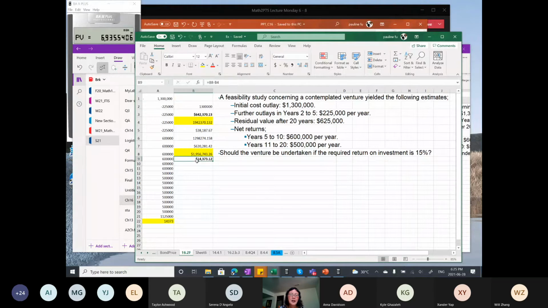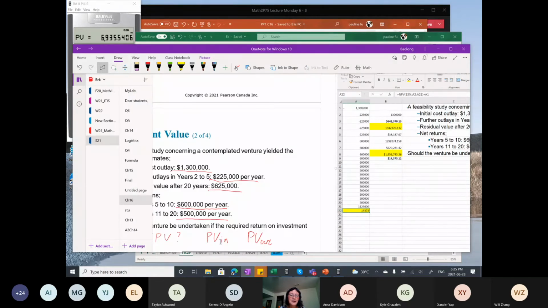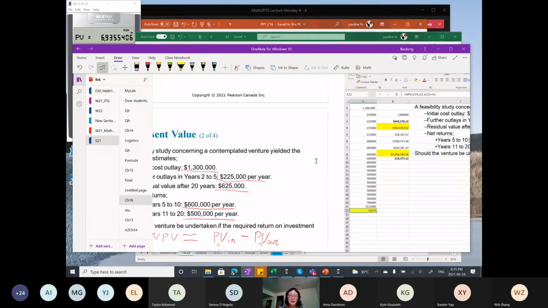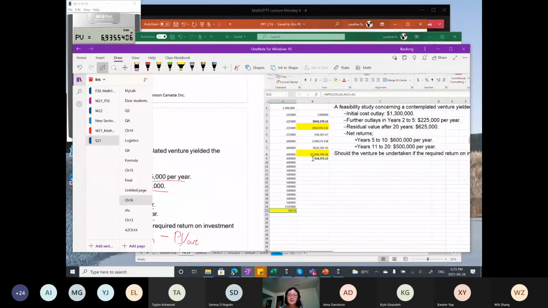We try to figure out what is the present value of inflow, and what is the present value of outlay, because the NPV equals PV in minus PV out. So we need to ask what is the value of PV in, and what is the value of PV out? So first let's do the PV in.